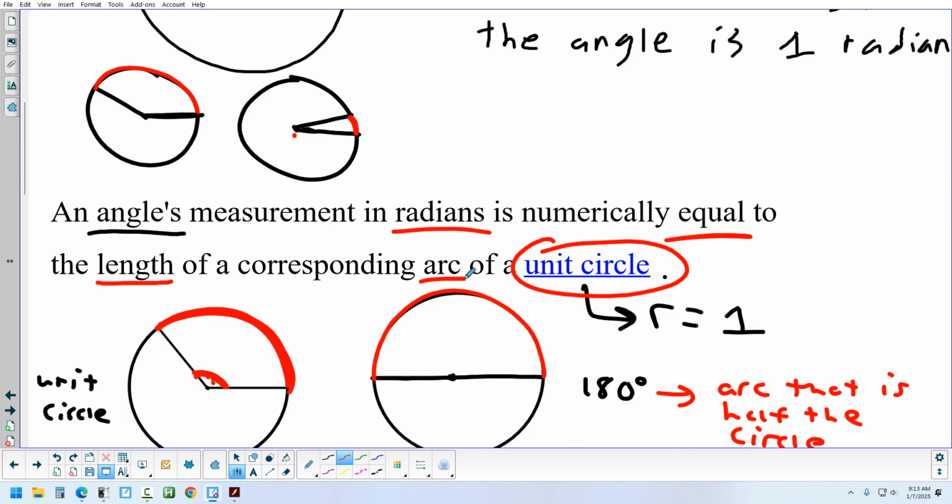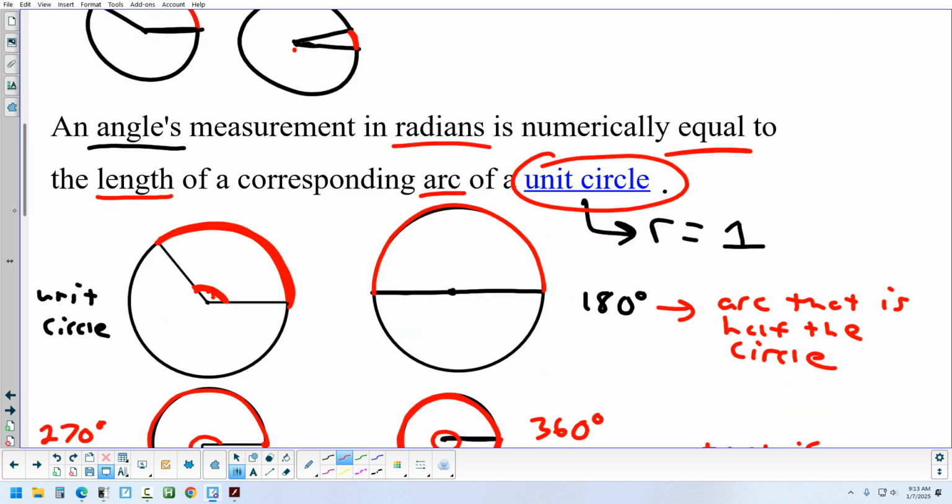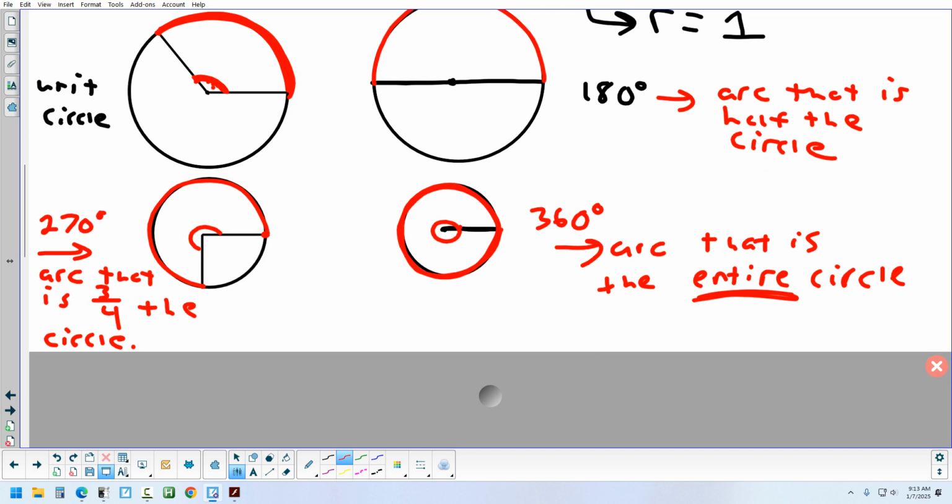What does that sentence say? The length of the arc is the same as? Right. The length of that arc is exactly the same as the measure of that angle in radians.